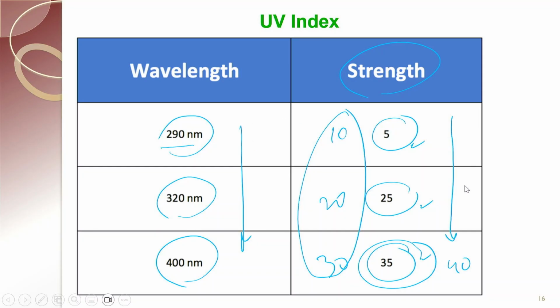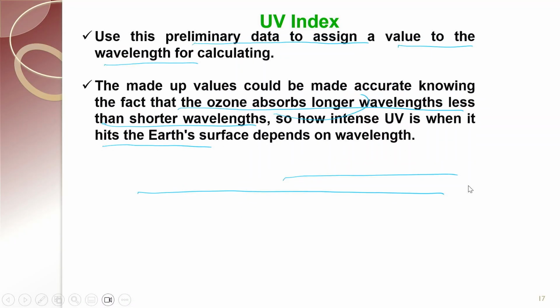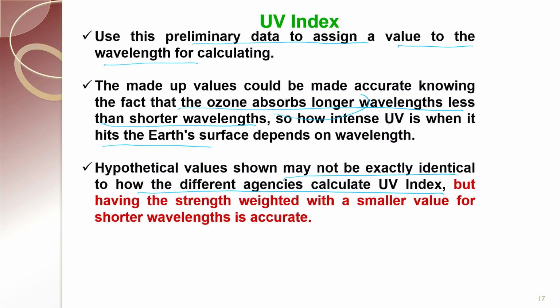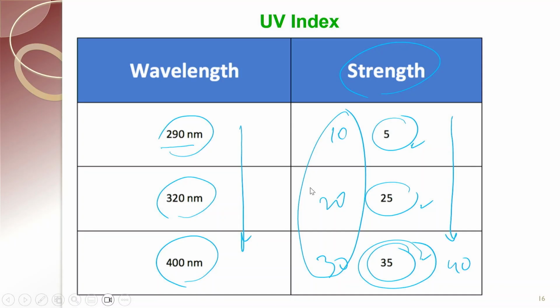Different agencies try to give different values, but overall they ultimately reach a certain standard value which is a representative value. Having the strength weighted with a smaller value for shorter wavelength is accurate. So, as I have already mentioned, for shorter wavelength the strength weight is always lower than for the longer wavelength.